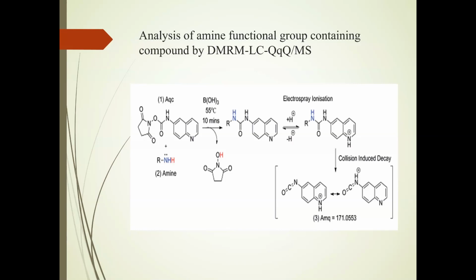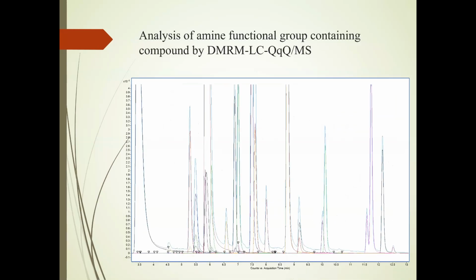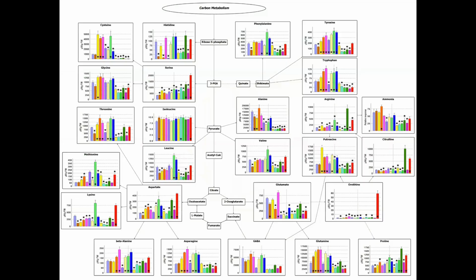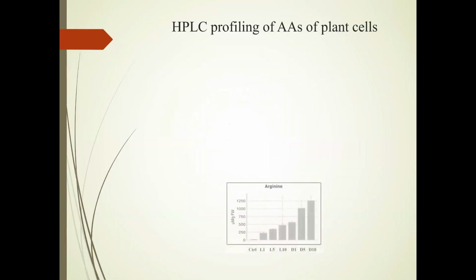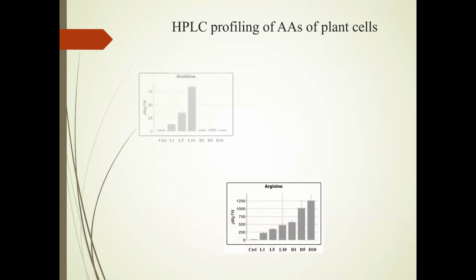Later on, it was passed through the second mass spectrometer, producing an AMQ metabolite at the molecular weight of 171, which could be monitored as the mass loss in the mass spectrometer. So an MRM analysis was performed, and we were successful in measuring the metabolic changes of all the metabolites. And I want to talk a little bit more about this.